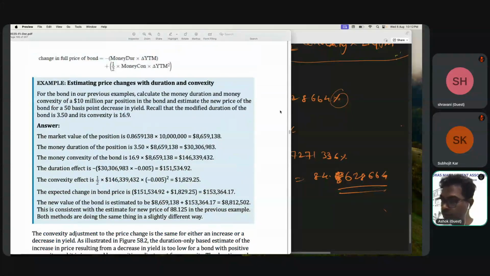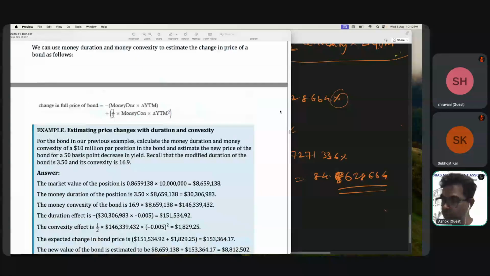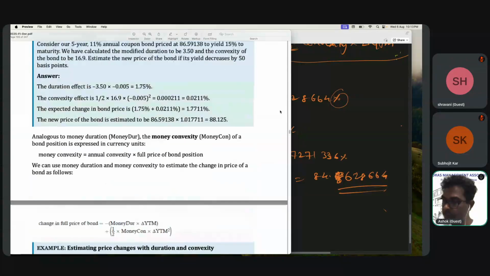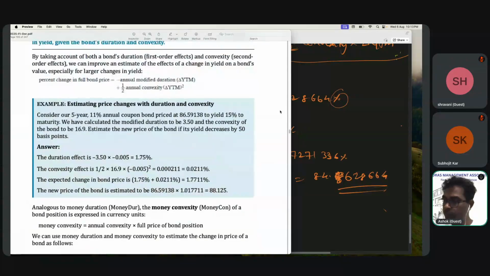Duration and convexity. Estimate price change with duration and convexity.